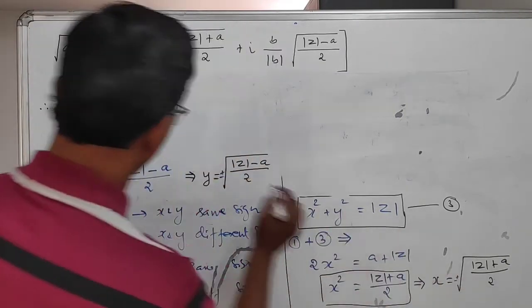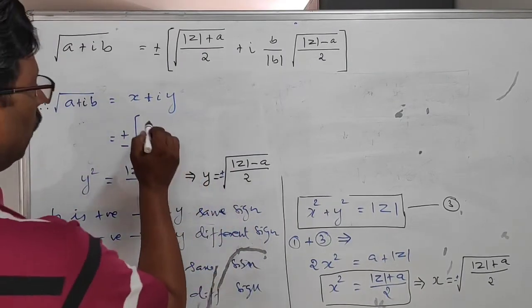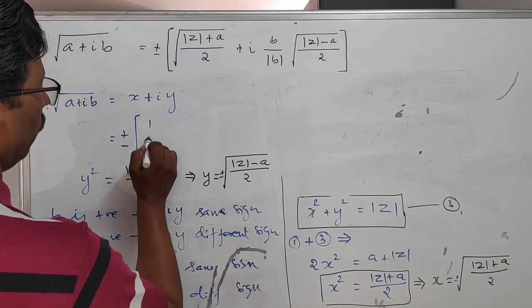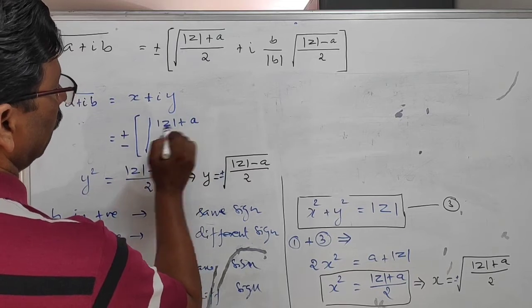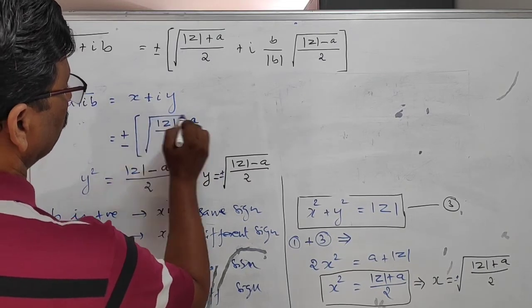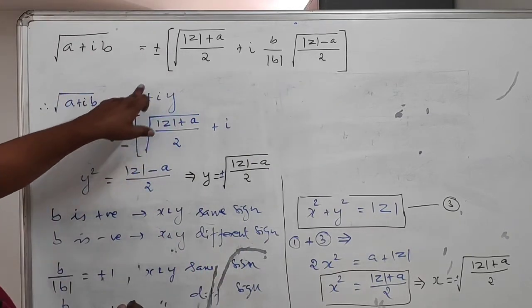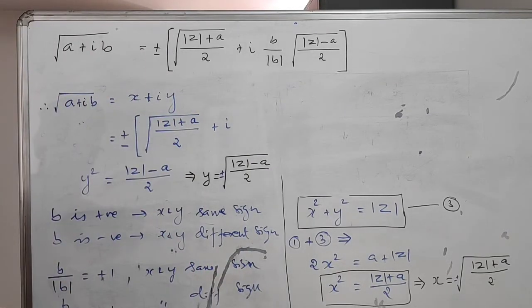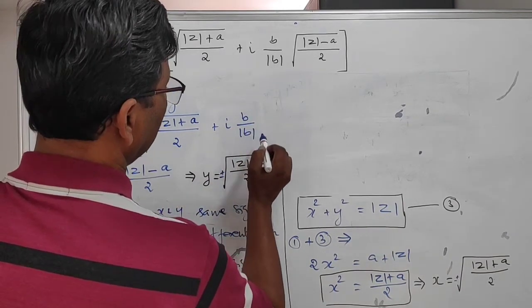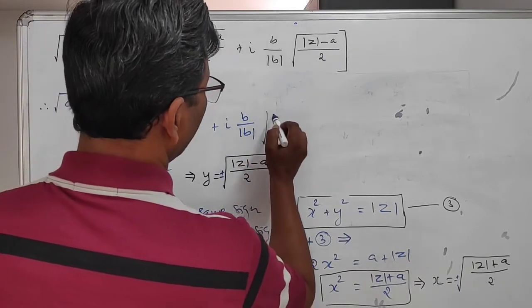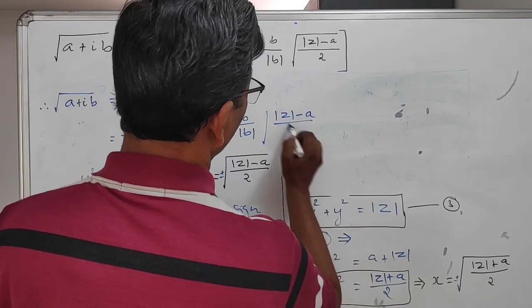In plus or minus, we will take plus or minus outside in general. Then the x value is root of modulus z plus a by 2, plus i into y. Based on this, to find the sign of b, you can write i into b by modulus b into root of modulus z minus a by 2.